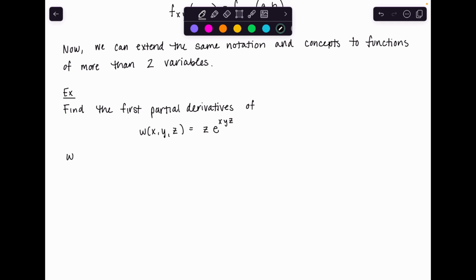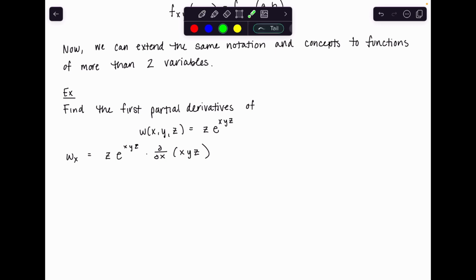So starting with the partial with respect to x. Z is treated like a constant, so that just stays put. Derivative of e to the xyz is e to the xyz. And then our chain rule tells us we got to take the derivative with respect to x of that exponent.